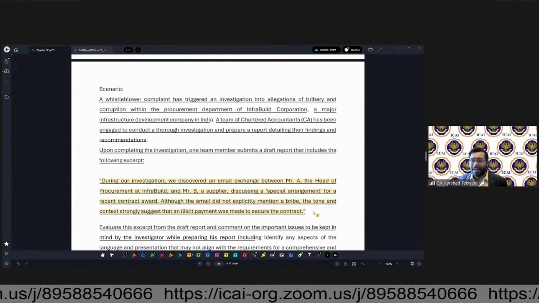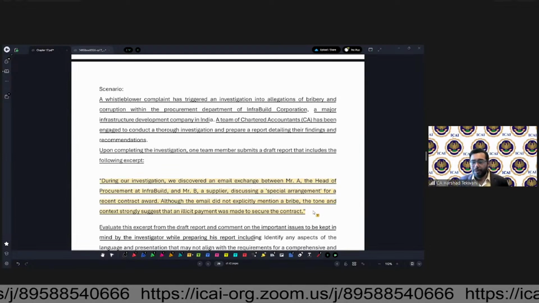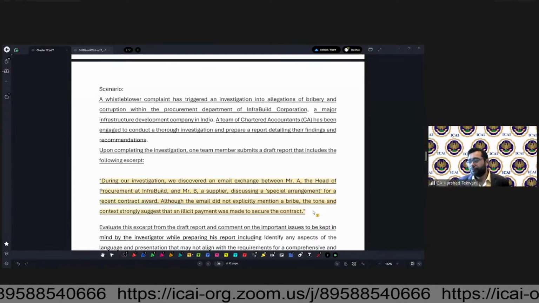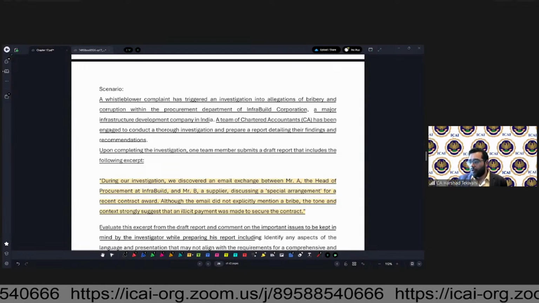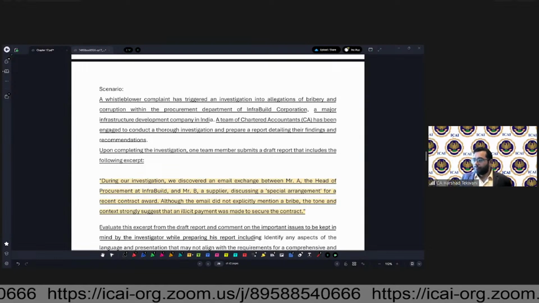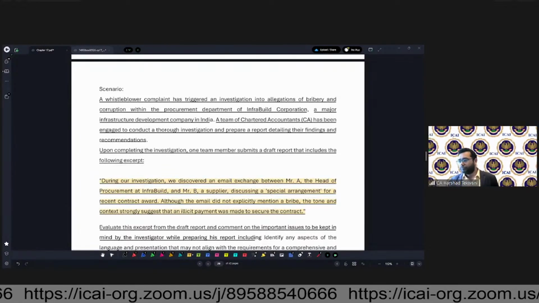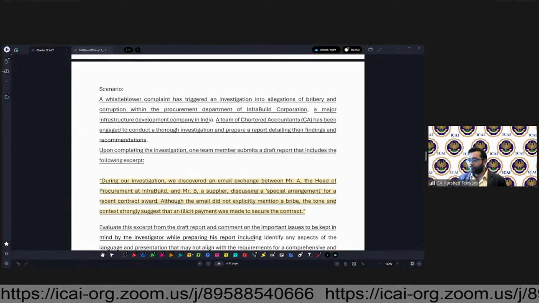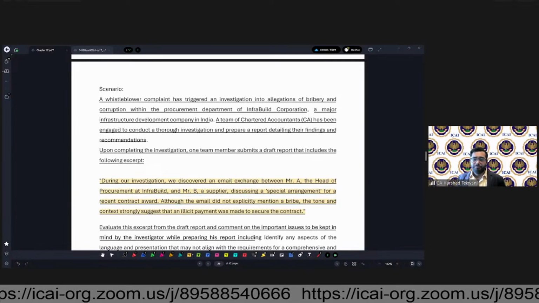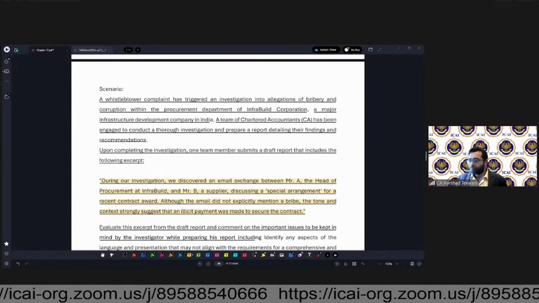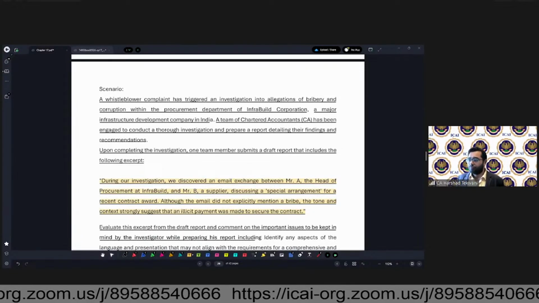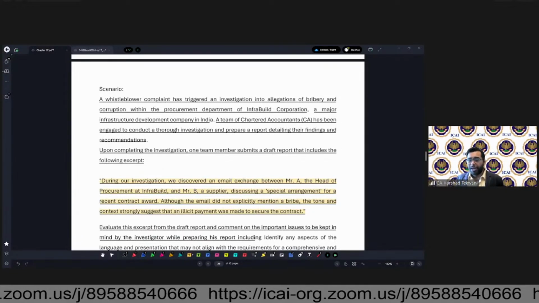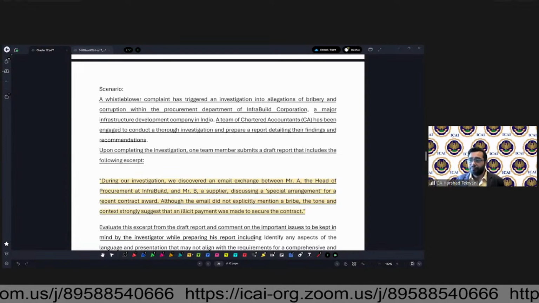If I include this paragraph in my reporting, what is not appropriate? Can anyone tell me?